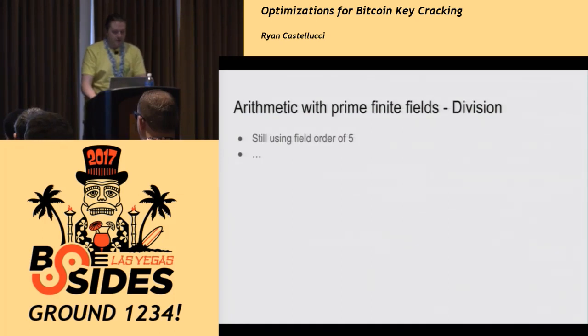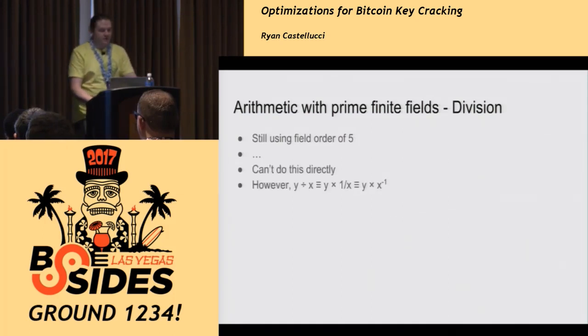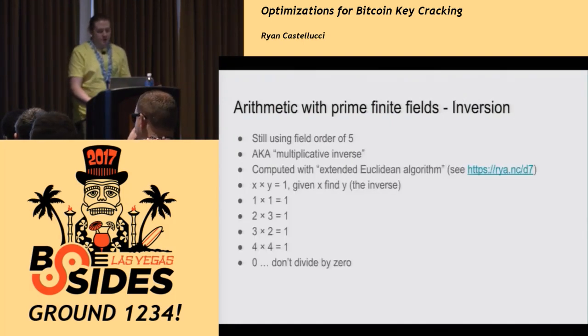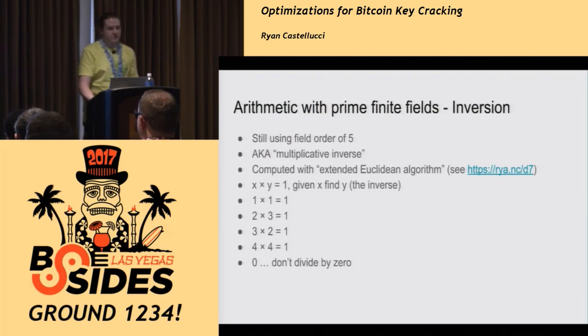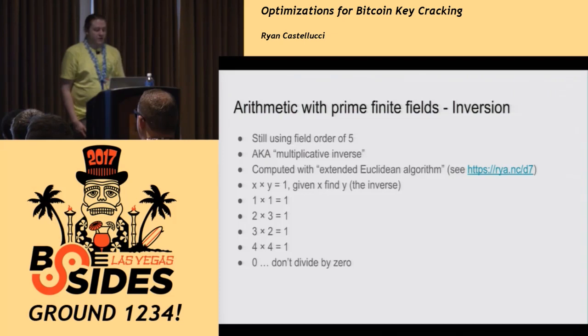The tricky part is division. So the way we do division is instead we multiply by the reciprocal, or as it's generally called when doing this sort of math, the multiplicative inverse. So if you want the inverse of x, given x, you find y so that x times y equals 1.